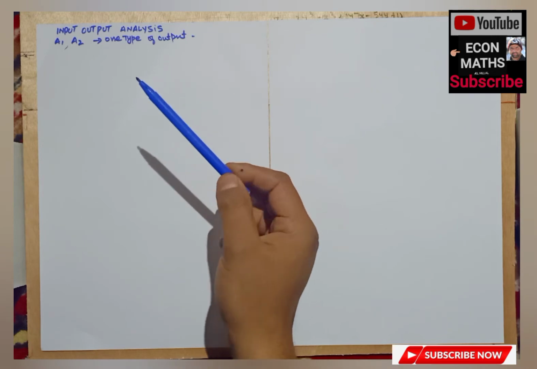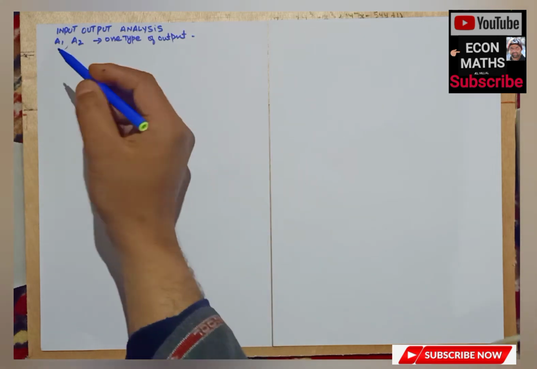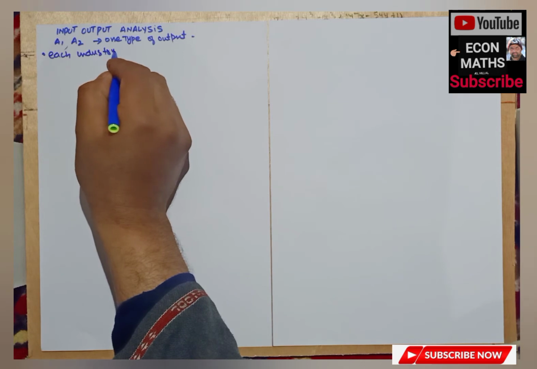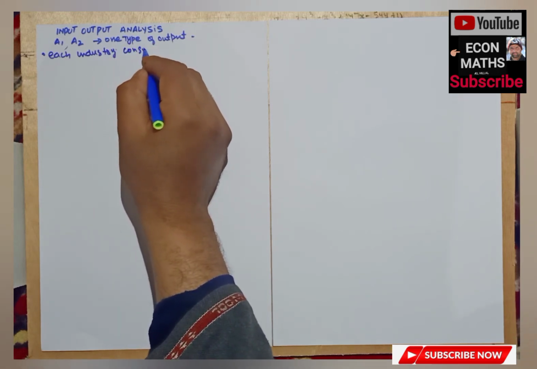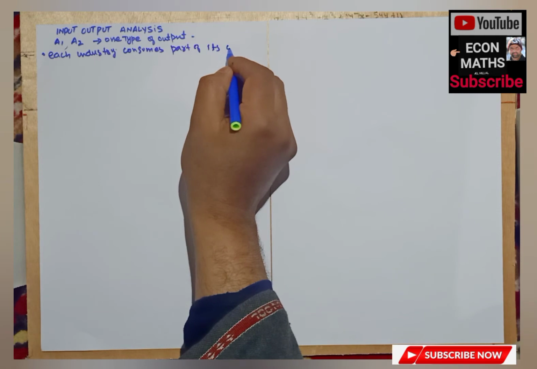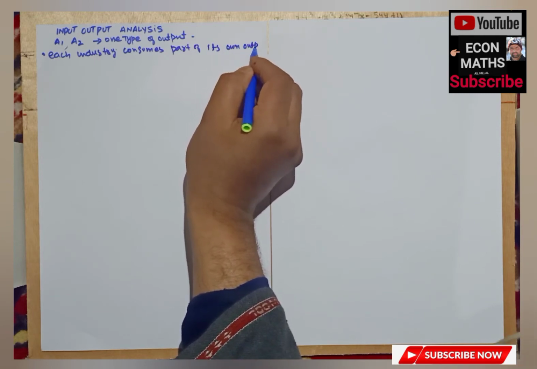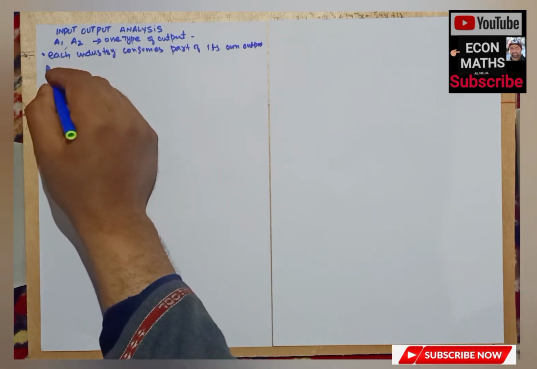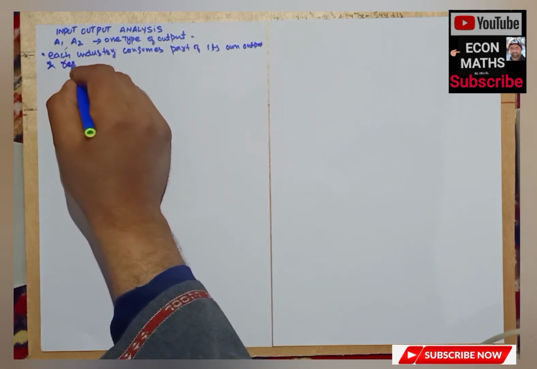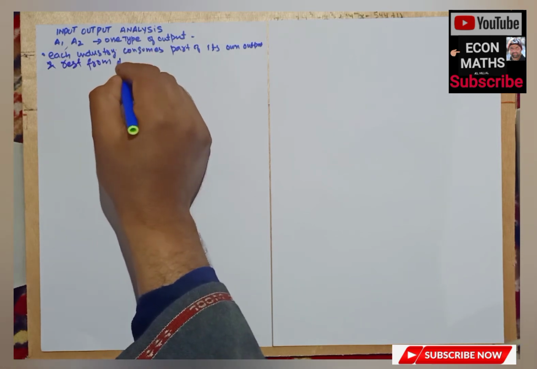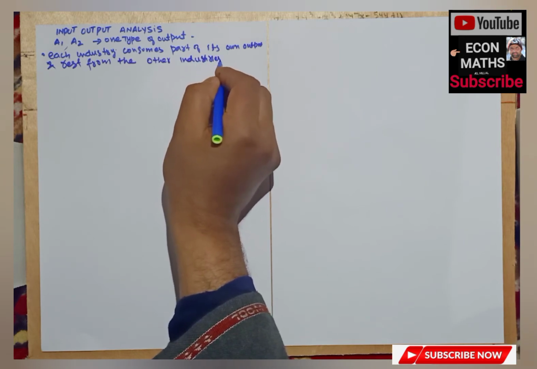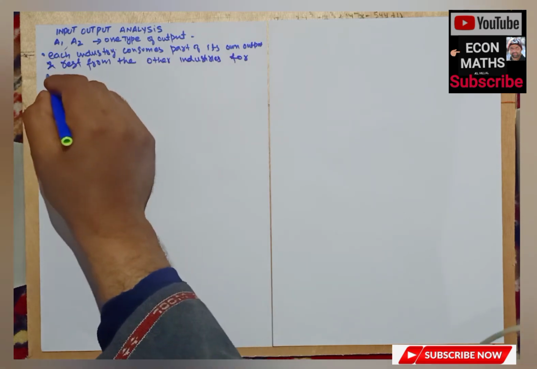Further, let us assume that each industry consumes part of its own output, that is for self consumption, and the rest from the other industries for its operation.